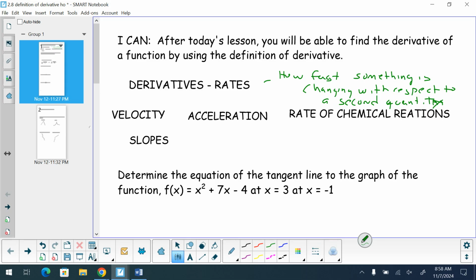Well, some ideas of rates. Velocity is a rate. How fast this distance or displacement is changing with respect to time. What is your velocity? The magnitude of velocity in the vector world is the idea of speed. We could talk about acceleration.